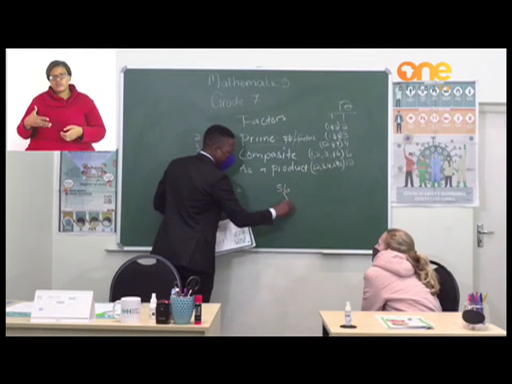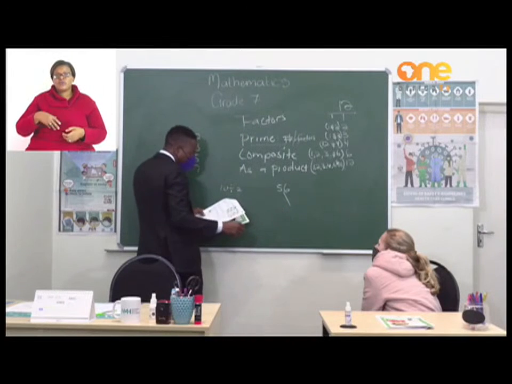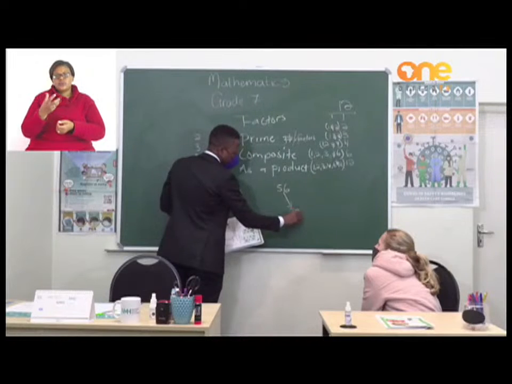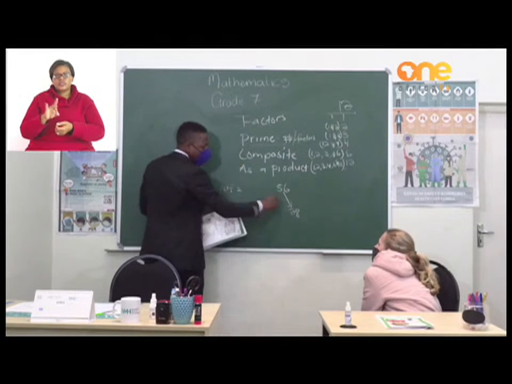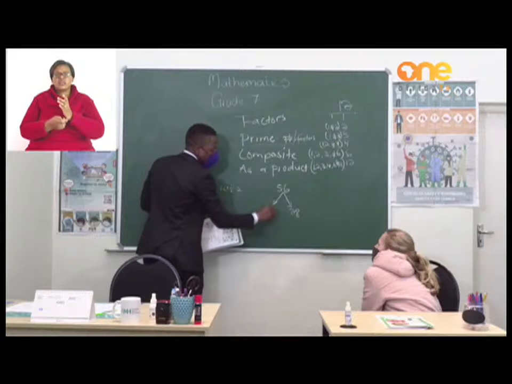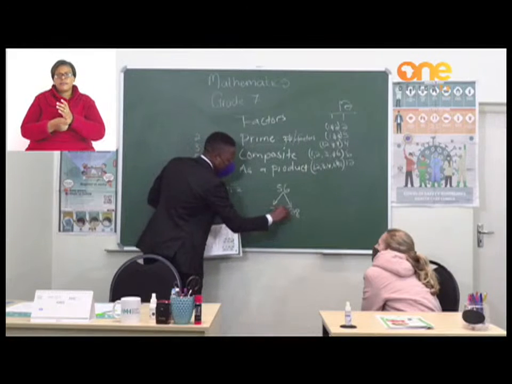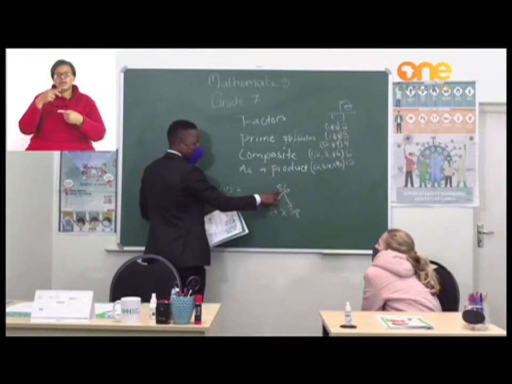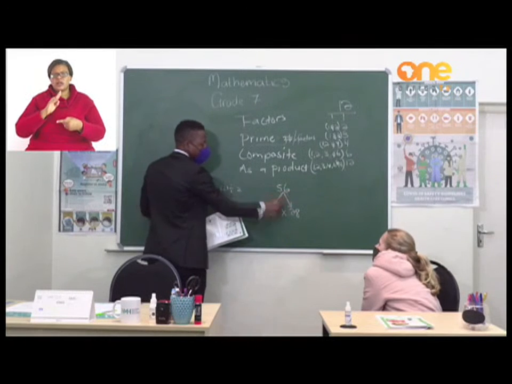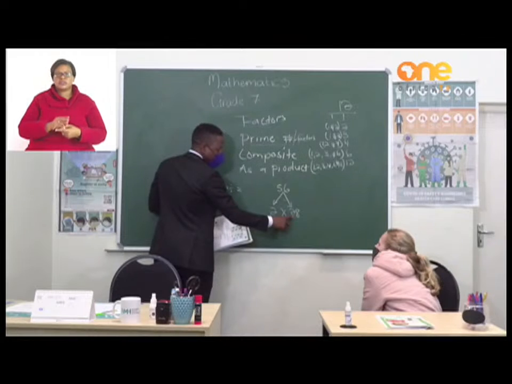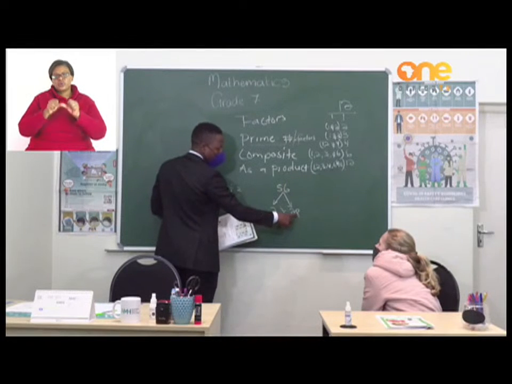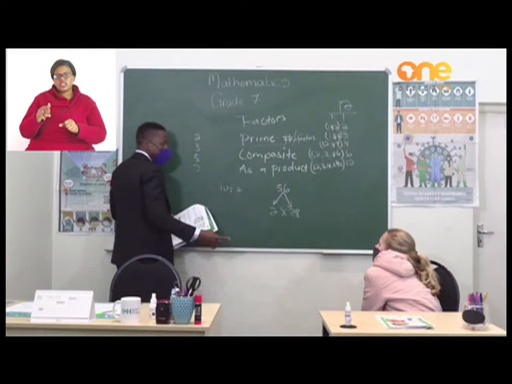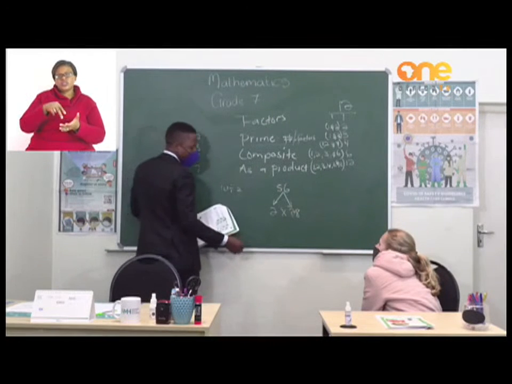If you halve 56, you get 28. It means if I multiply 2 times 28, it must give me 56. Going down with 28, 28 is an even number, and even numbers are divisible by 2.